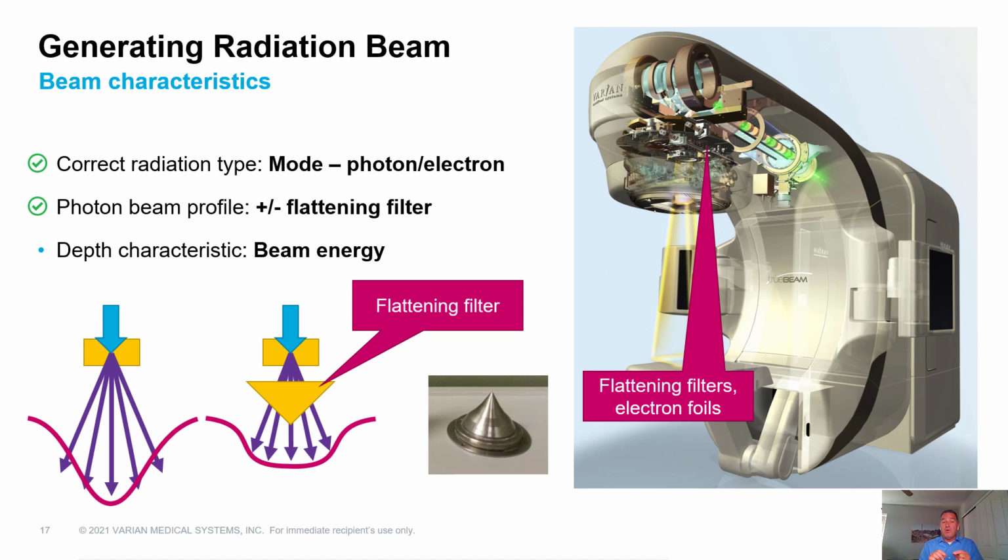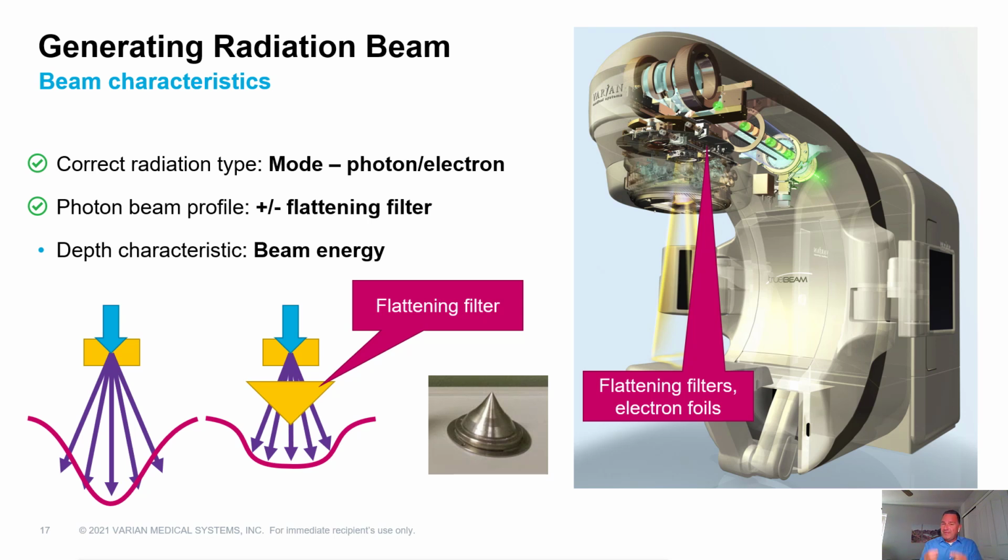So now we want electrons. We already have an electron beam. So do we need a target? No. The tungsten target is moved out of the beam line and bypasses it and collides directly with what we call a scattering foil. But why do we need a scattering foil?